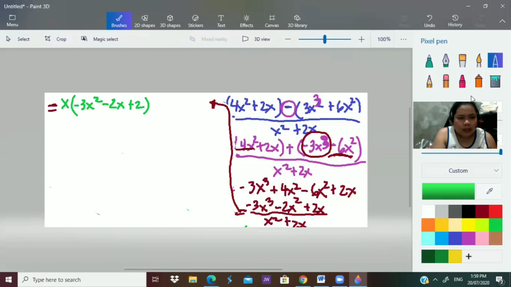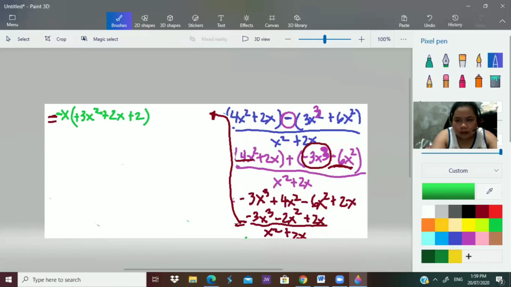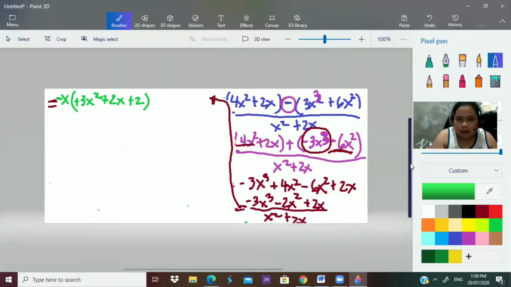Okay, para madali sa ating mag-factor, pwede rin nating ilabas yung negative. So, pag nilabas mo itong negative, this turns out, negative x, magiging positive to ngayon. Positive. Wait lang. Gumalaw yung board ko. Magiging positive yan.